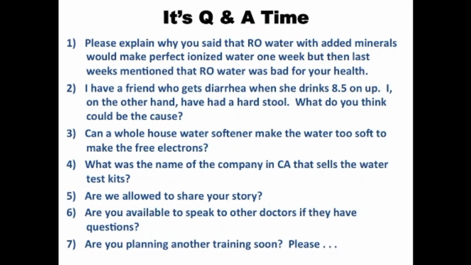Question 2: I have a friend who gets diarrhea when she drinks 8.5, but on the other hand, I have a hard stool. What do you think would be the cause? I am going to guess that you don't have any pre-filtration.